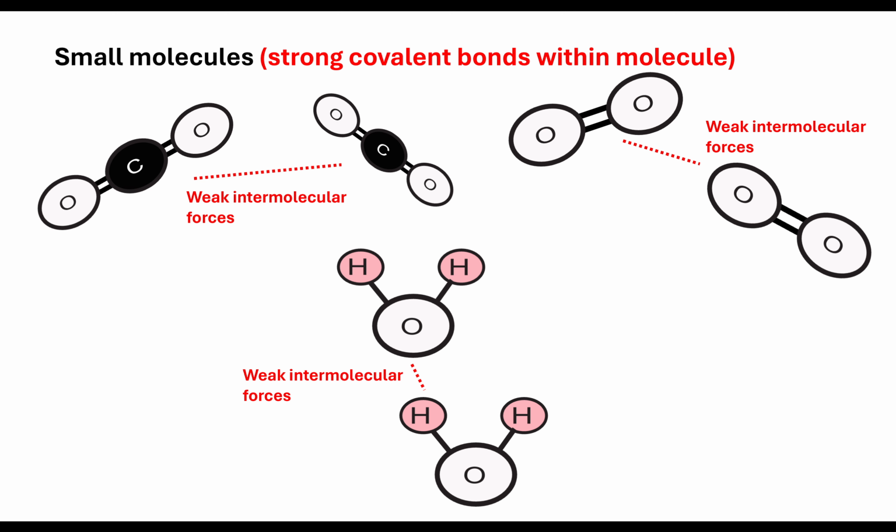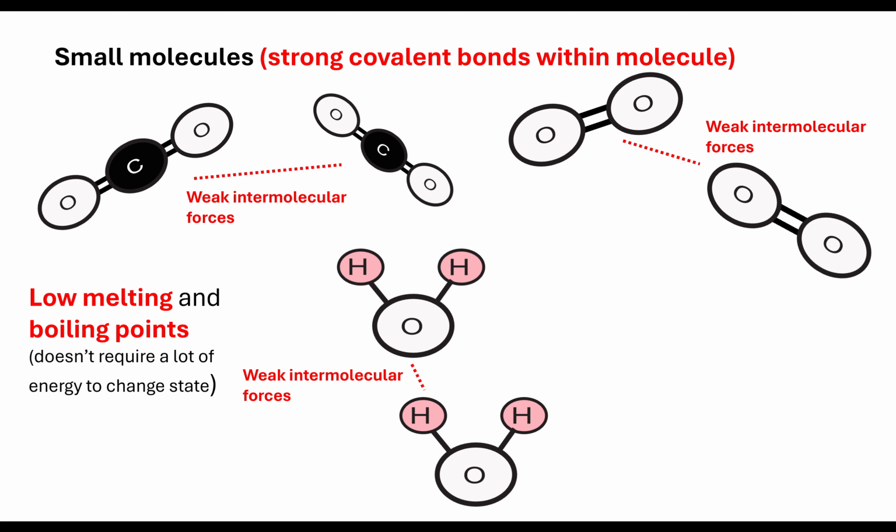A molecule of oxygen, a molecule of carbon dioxide, a molecule of water has strong covalent bonds within the molecule, but between the molecules are weak intermolecular forces. That's important because that explains why these small molecules have low melting and boiling points. They have low melting and boiling points because it doesn't require a lot of energy to change state.